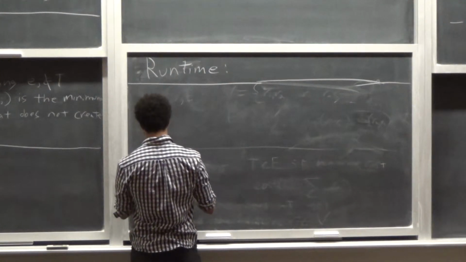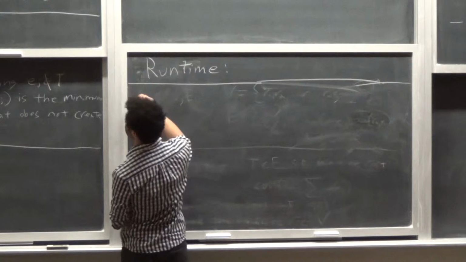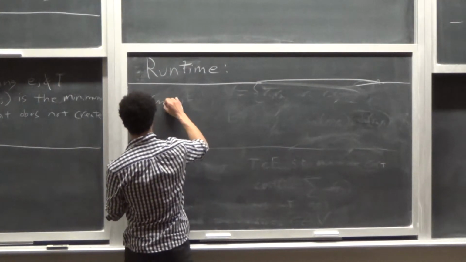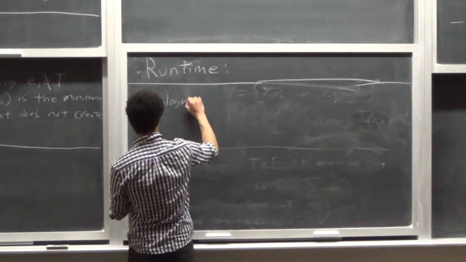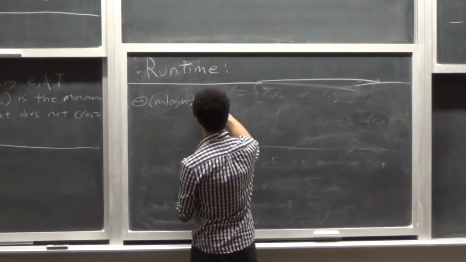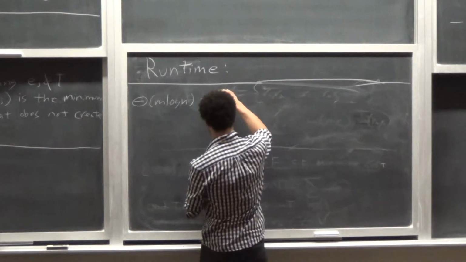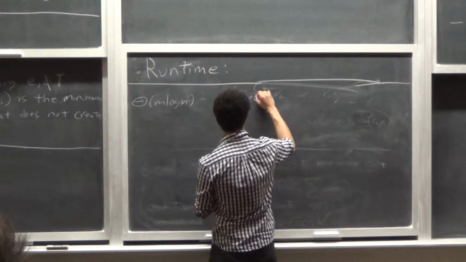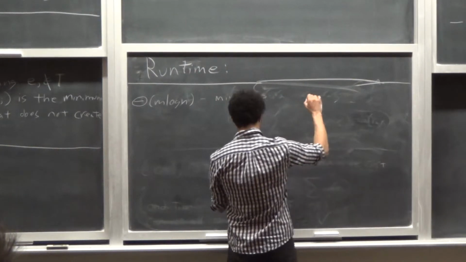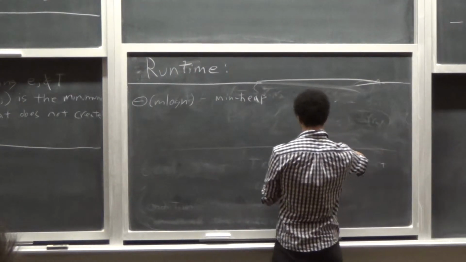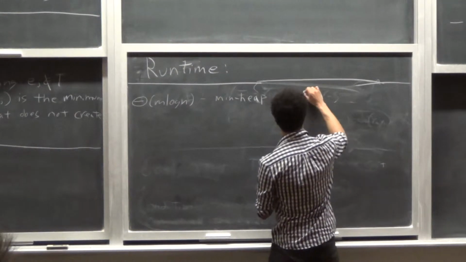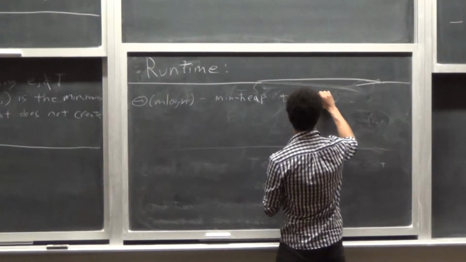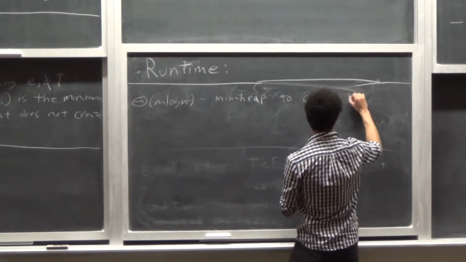Okay, so for Prim's, like we said, it's around theta m log n, and the general idea is that we use a min heap to create a priority queue.